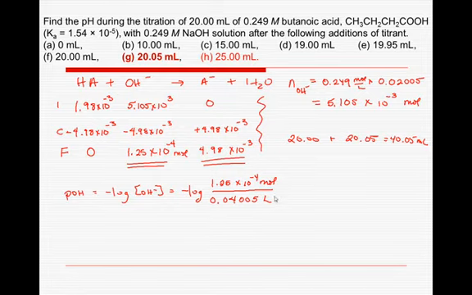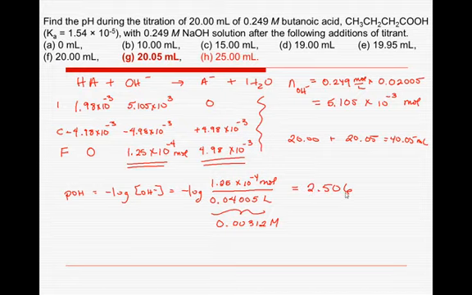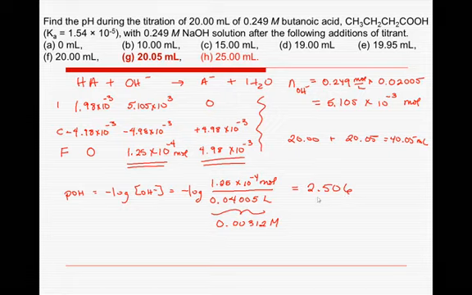When I divide those out, this portion right here, it is 0.00312. That is the concentration of hydroxide. And when I take the negative log of that value, I end up with 2.506, which actually we only know it to two significant figures, so that would be 2.51.